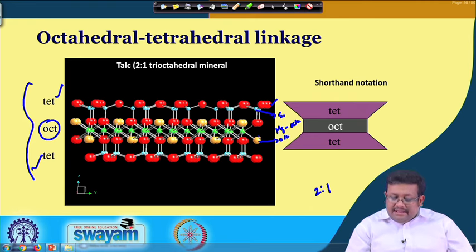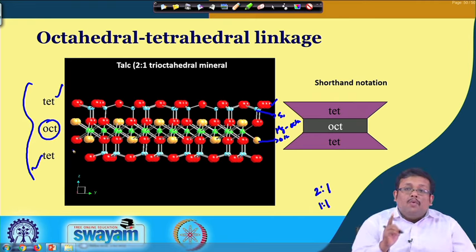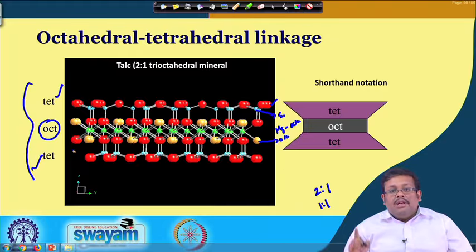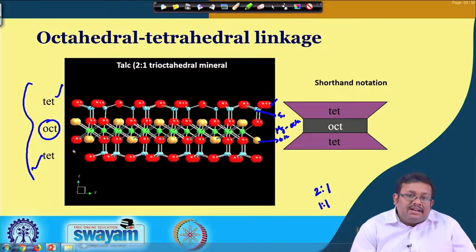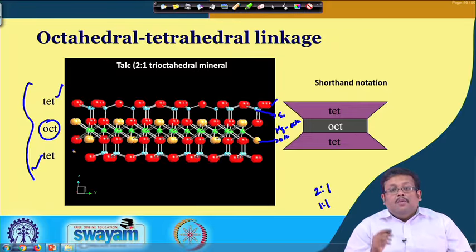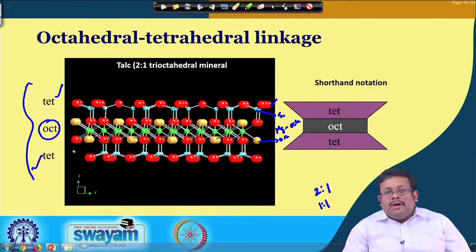Sometimes you will see a 1:1 structure, meaning only one octahedral sheet and only one tetrahedral sheet. So, based on the number of tetrahedral and octahedral sheets in a unit cell, we can differentiate clays into 1:1 type and 2:1 type.